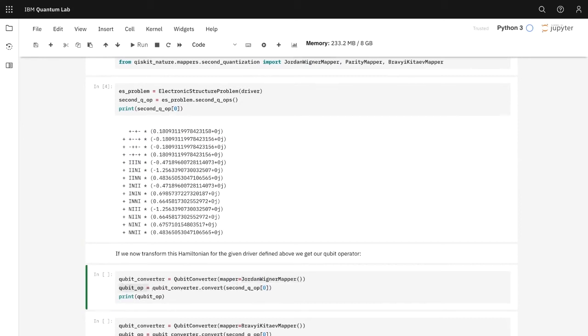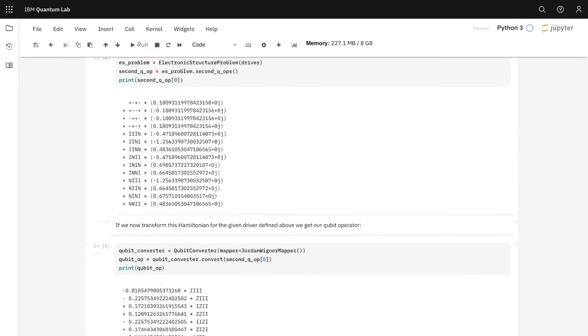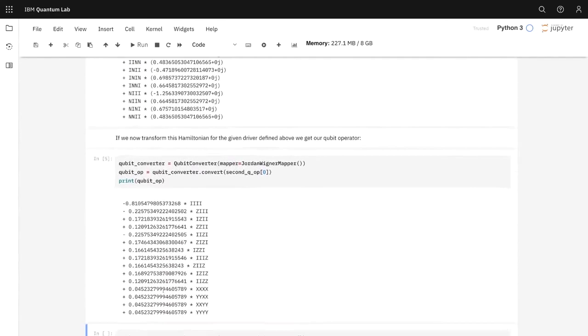And to get the qubit operator, we simply call the convert function on the qubit converter and pass this second quantized fermionic operator. And what we're getting is this qubit Hamiltonian, which has Pauli strings and the coefficients that depend on 1 and 2 electron integrals.